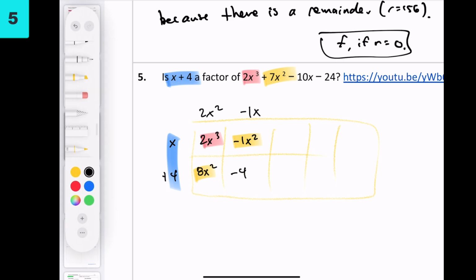Multiply here, negative 4x. Negative 4x plus something equals negative 10x. Negative 6x, that's minus 6, and negative 24.